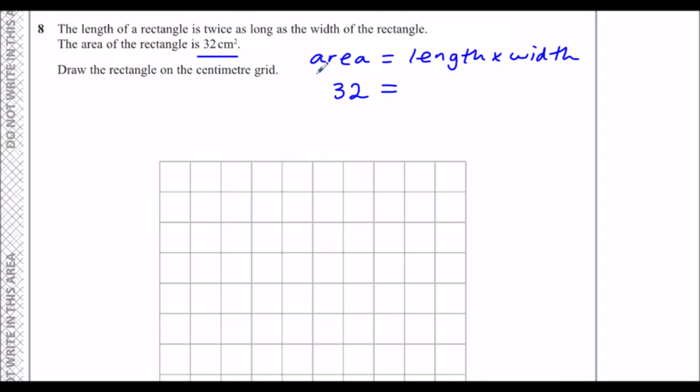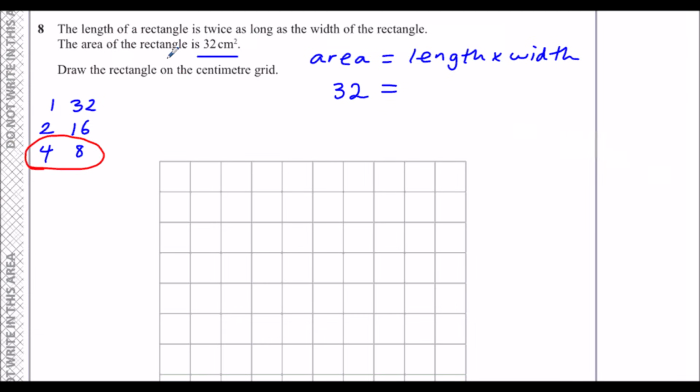So what numbers multiply to make 32? We could write them all down. So you can have 1 times 32, 2 16s, it's not in the 3 times table, 4 8s, and they're all the options. So which one has the length twice as long as the width?